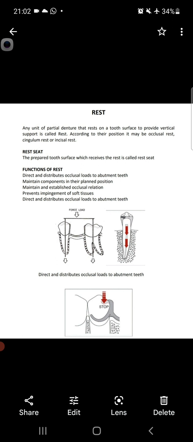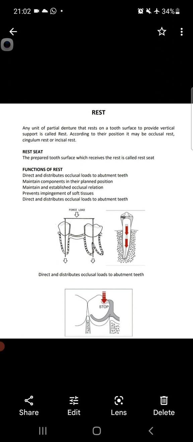Rest is a unit of partial denture. Any unit of partial denture that rests on a tooth surface to provide vertical support. Remember, rest provides vertical support and also prevents the sinking of the denture toward tissue, meaning it prevents impingement of tissue.